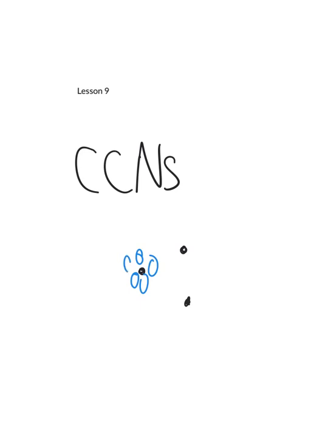In Lesson 9, we learned about CCNs, cloud condensation nuclei. These are the tiny particles of dust or pollen in the air that allow water molecules to clump. And then when enough of the water molecules form, that's how we see clouds.